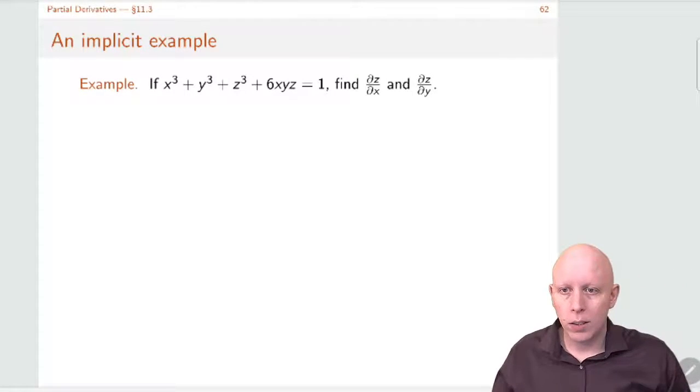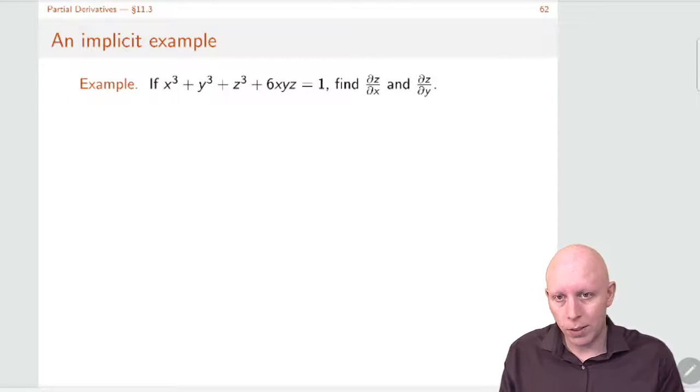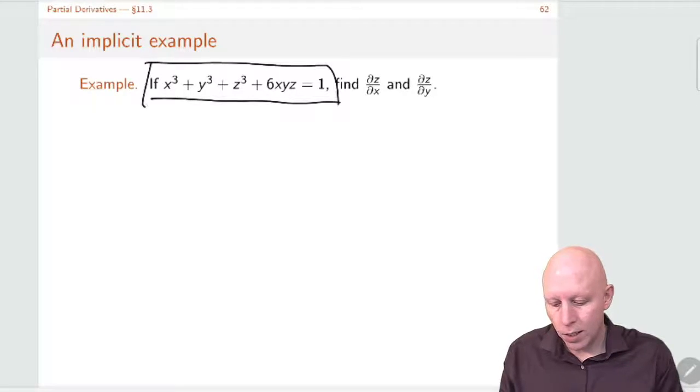Hey there, this will be a short video where we're going to go through one more example of using partial derivatives to work with an equation that defines a surface. But if you look at this, this is not written as z is equal to a function of x and y.